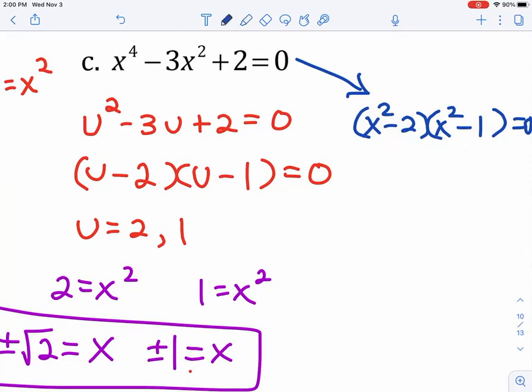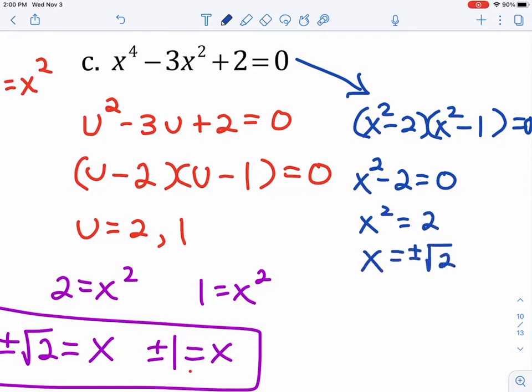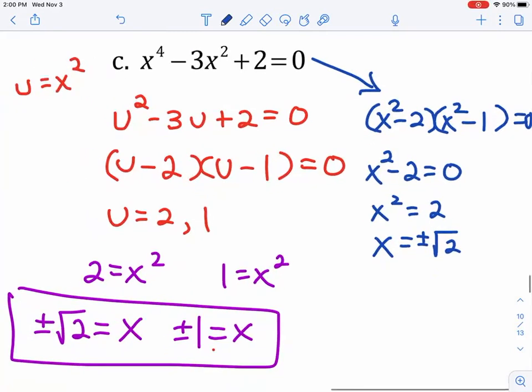Which we then could use the zero product property if we set x squared minus 2 equal to 0. And solve that. So x squared equals 2, or x equals plus or minus the square root of 2. That, of course, is the same answer we got on the other side.